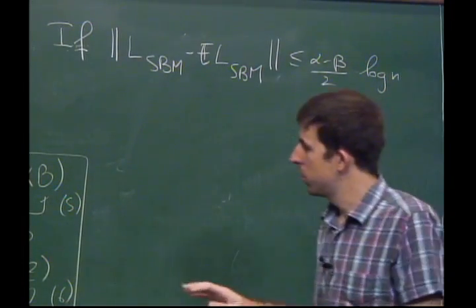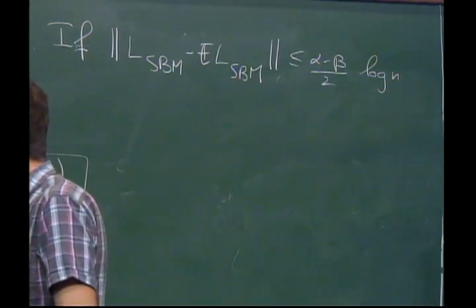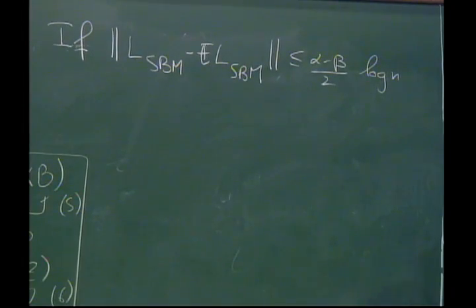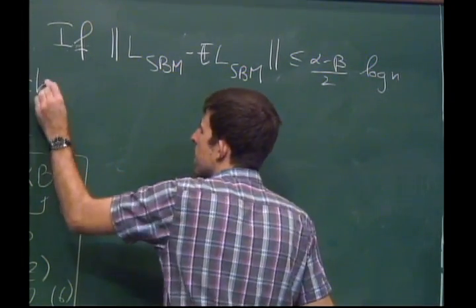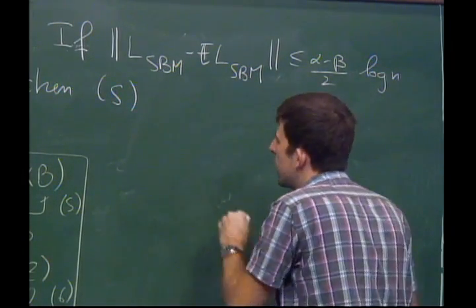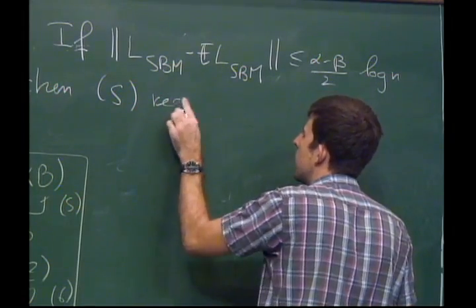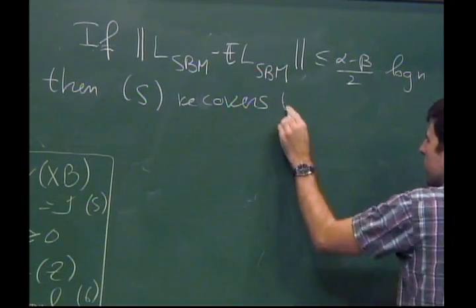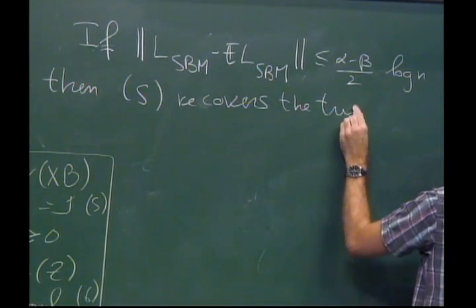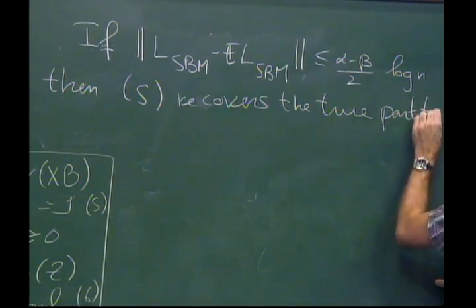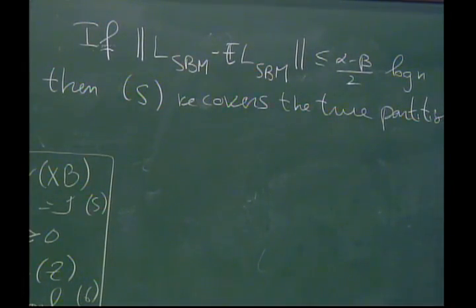Did I just put a 1 over n? There's no 1 over n. Right. Yes. Okay. Then the algorithm recovers a true partition.